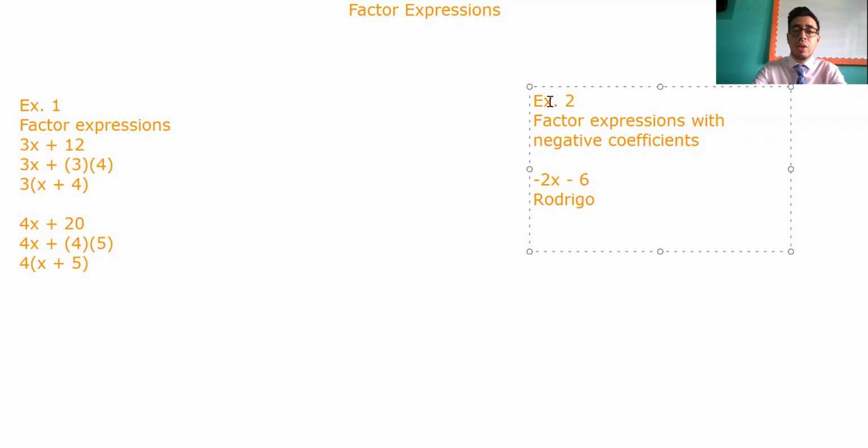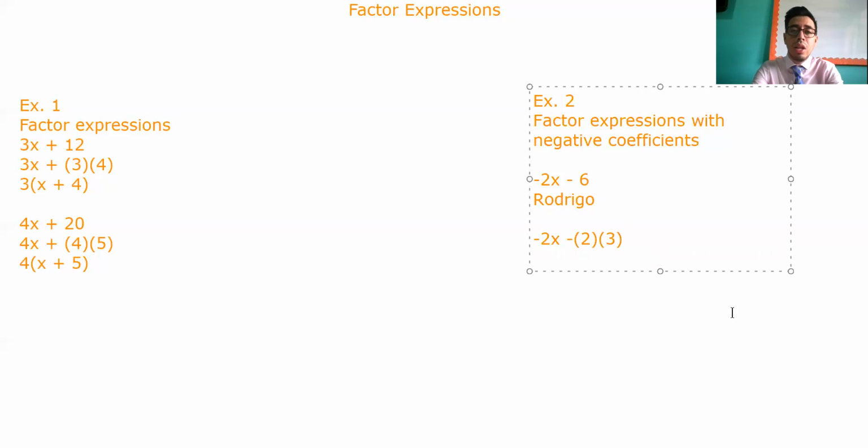And for Rodrigo, we want to factor this expression. Negative 2x minus, two numbers that multiplied are going to be equal to 6. It's going to be 2 and 3. 2 times 3 is 6, right? Okay, and I have the negative sign in here. And again, what I'm going to do, I'm going to take the number that is in common, that is in both terms, and I'm going to write it outside the parentheses.